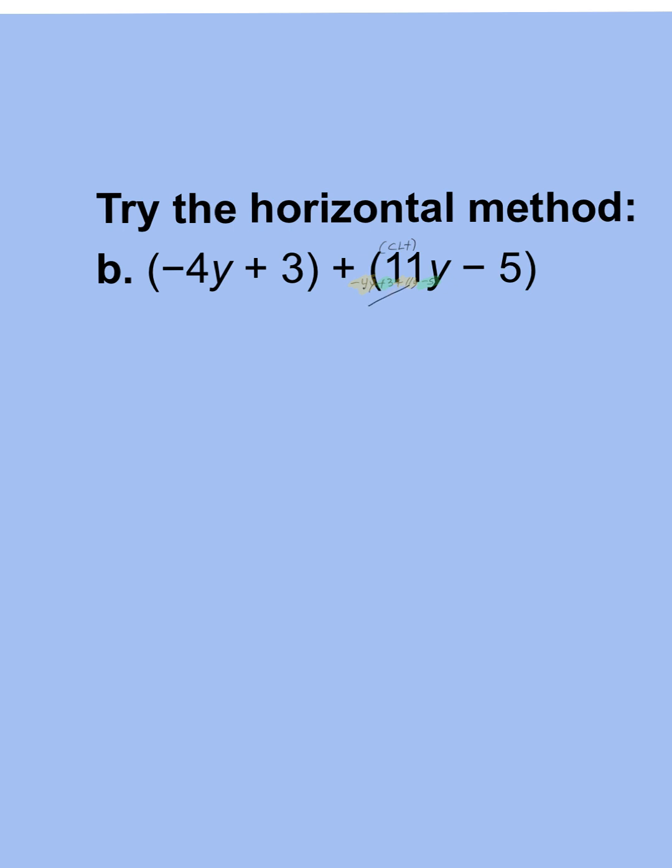So 11y minus 4y is 7y. And then 3 plus negative 5, or negative 5 plus 3. That has extra negatives in it, so it'll be 2 negatives left over. Negative 2.